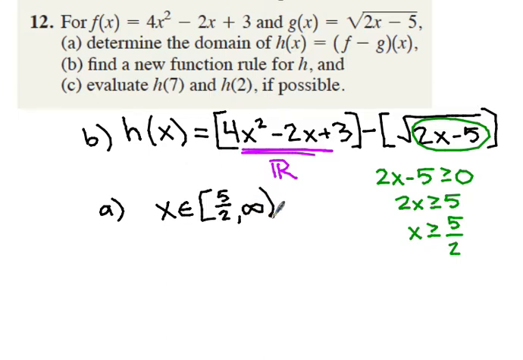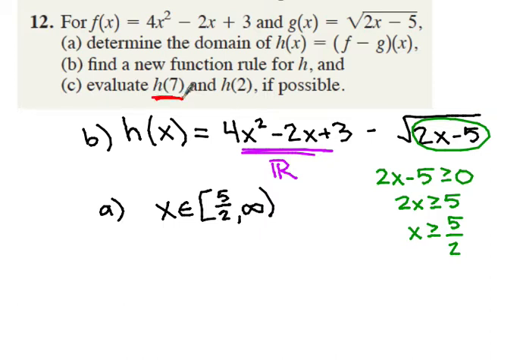Our new function rule is this, and because there's no like terms, I can basically just get rid of these brackets, and now we have our new function rule, h of x, and there we go. So we want to evaluate h of 7 and h of 2 if possible. First, let's look at h of 7.